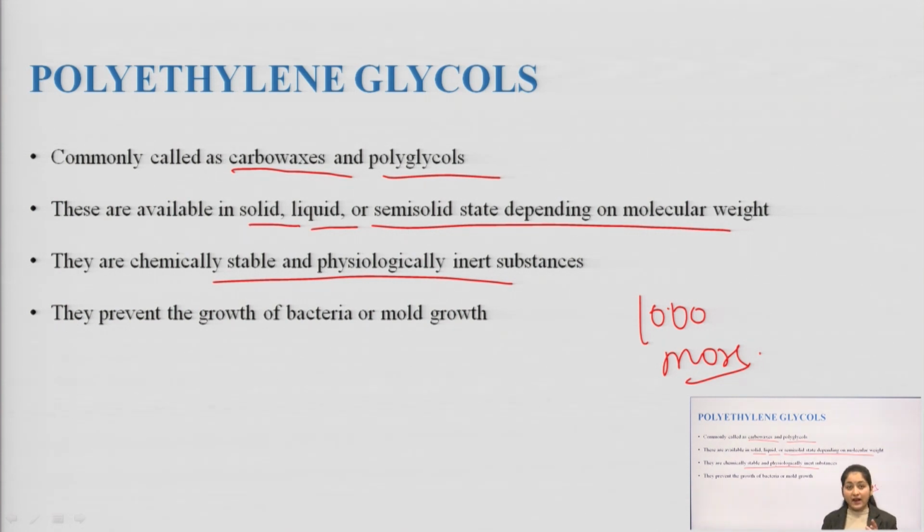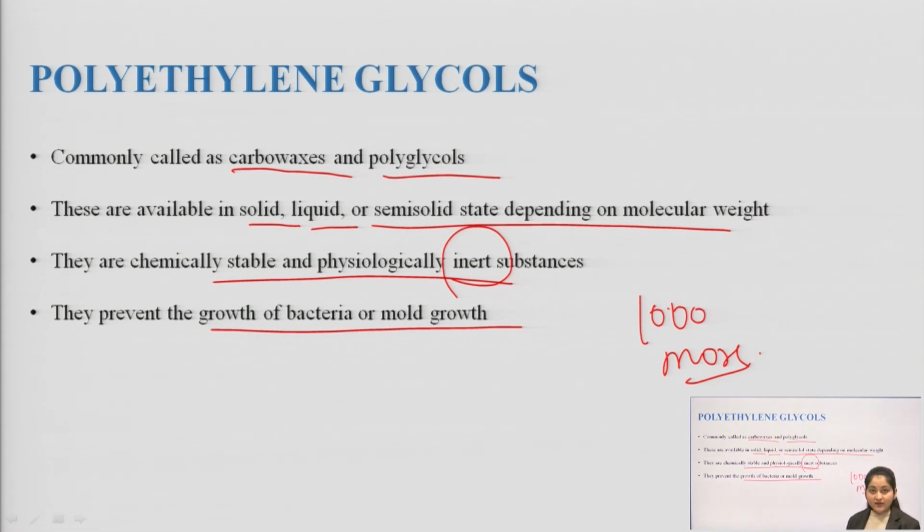So, this is a prime concern for us, it is very much a boon for us, because if it is an inert substance, it is definitely not going to interfere with the API, its insertion, its absorption, its release, its transportation. Then they prevent growth of bacteria or mold.